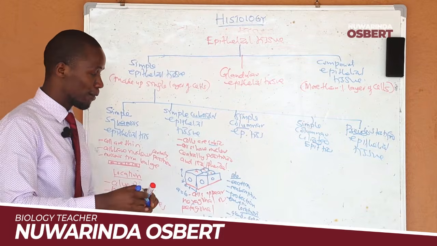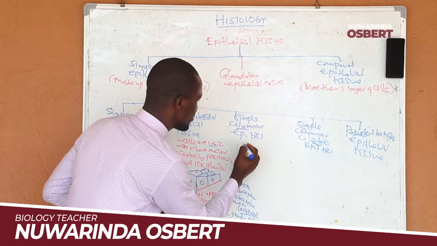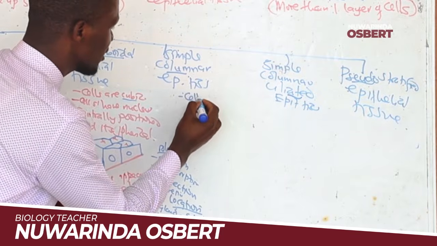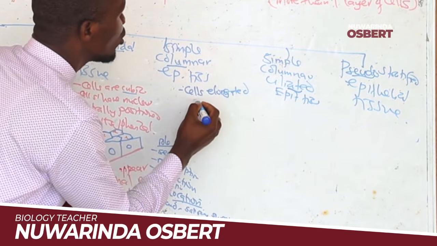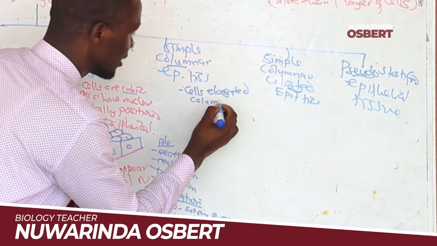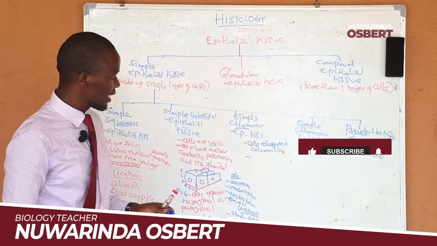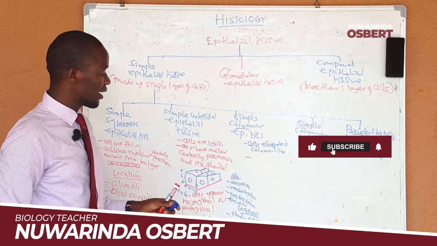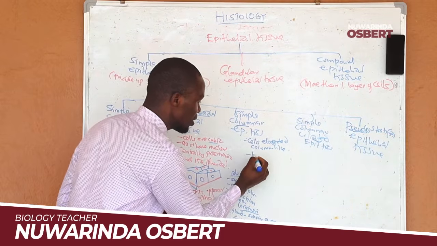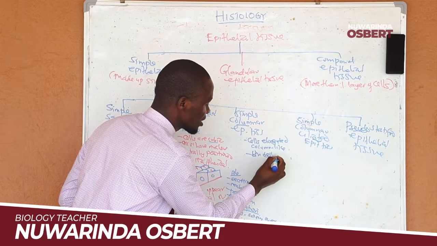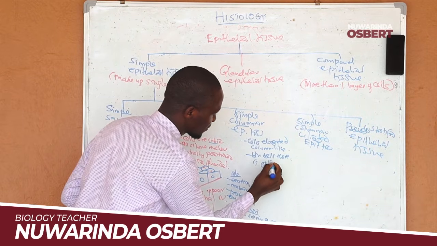We come to the columnar. In columnar, the cells are column-like. The cells here are elongated, like the name, column-like in shape. And because of this, something special is that, apart from being in the shape of a column, between the cells within this tissue there are what we call goblet cells.